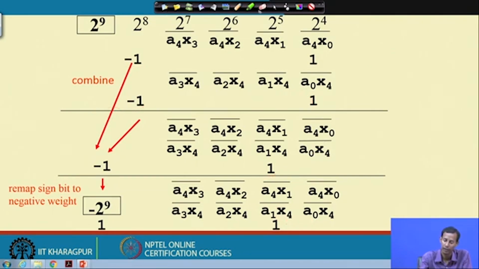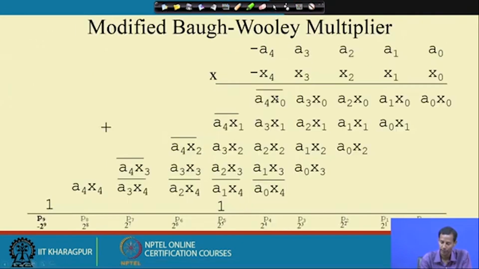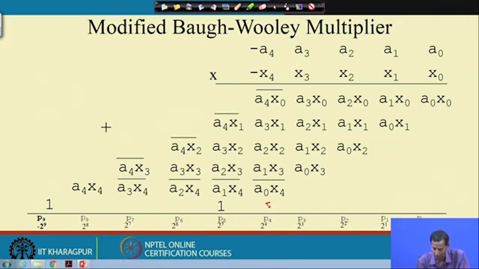So, what will be the final result? That means the final circuit. Then I can represent it that at this particular position there is no extra term. Initially, in the Booth multiplier, there was a4 and x4 at this particular position, but in the modified Booth multiplier it is not there.